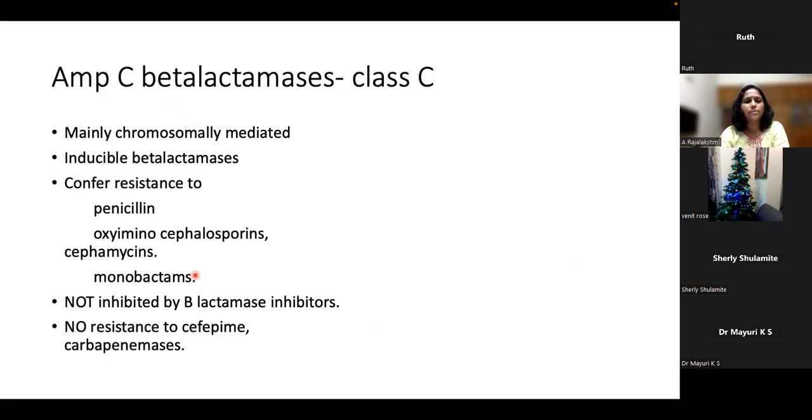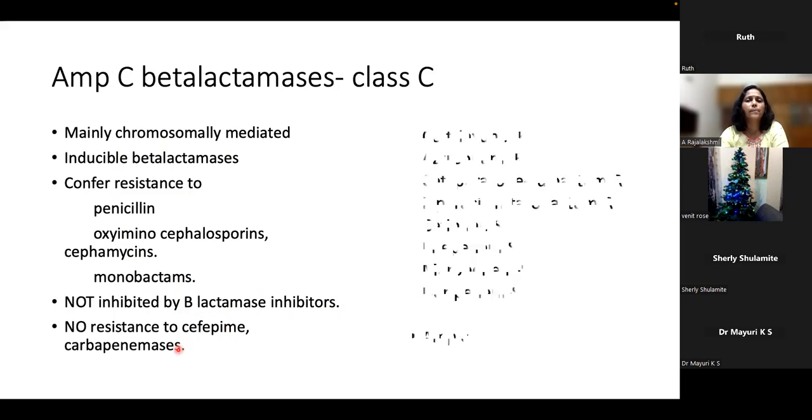Coming to AmpC beta-lactamase, it is again one type of beta-lactamase, which is not plasmid but chromosomally mediated. It is a type of beta-lactamase which is inducible, and here you find that it is not even inhibited by beta-lactamase inhibitors, but it is inhibited by cefepime and carbapenems.